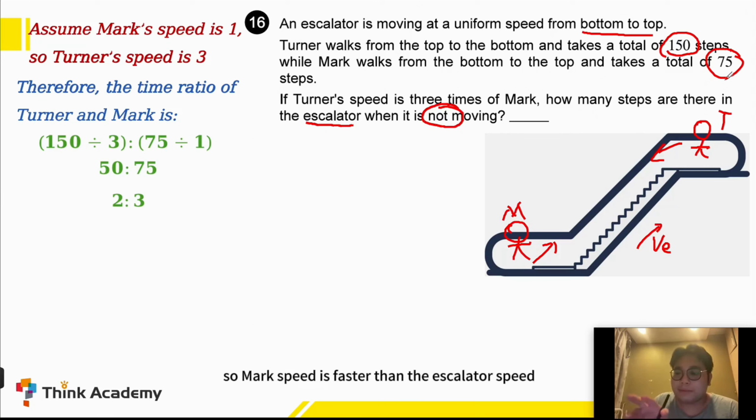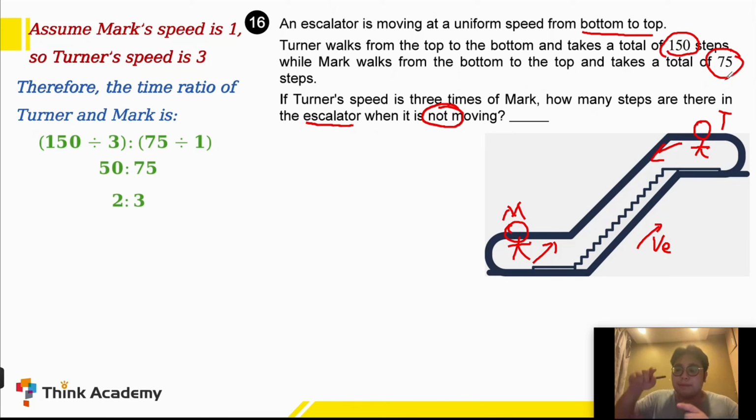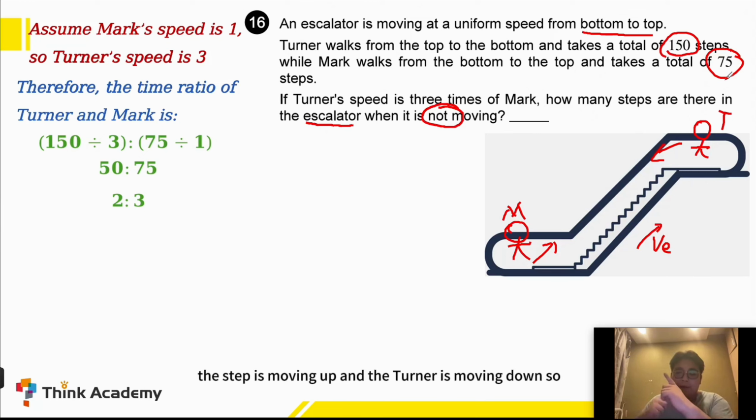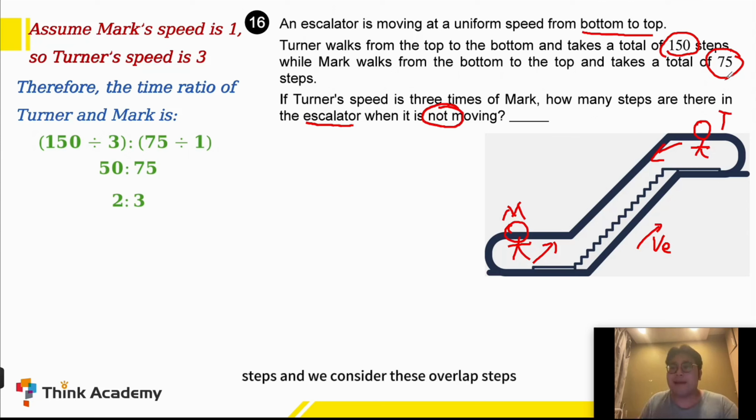So Mark's speed is faster than the escalator speed, and he will run fewer steps than the steps you can see on the escalator. For Turner, he goes from top to bottom, the steps are moving up and Turner is moving down, so there will be many overlap steps, and we count these overlap steps. That's why we have in total 150 steps.